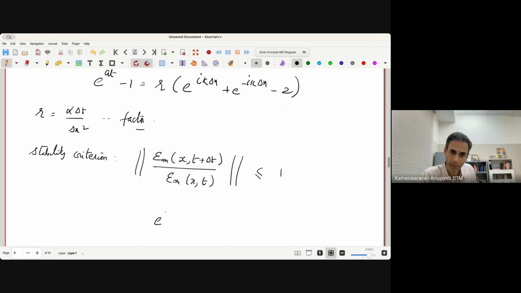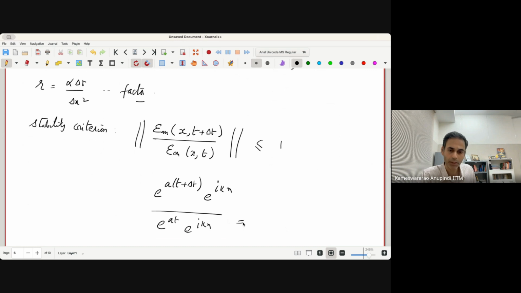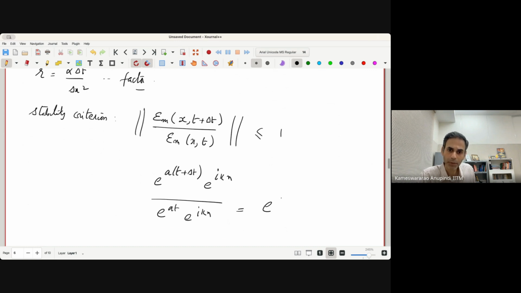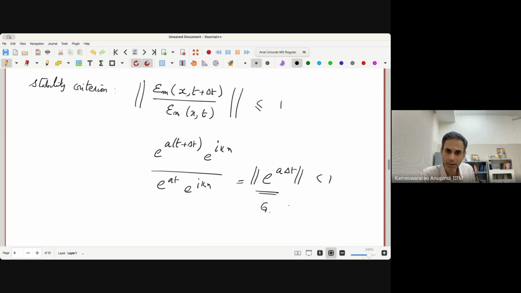Using our model, this can be written as e to the power a (t plus delta t) times e to the power ikx, divided by e to the power at times e to the power ikx. Then this is nothing but e to the power a times delta t, right? Modulus of this is less than or equal to 1. Okay. So let's call this some factor g. This is the amplification factor.